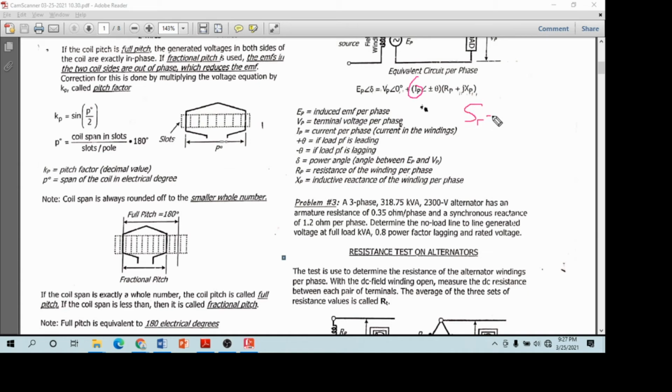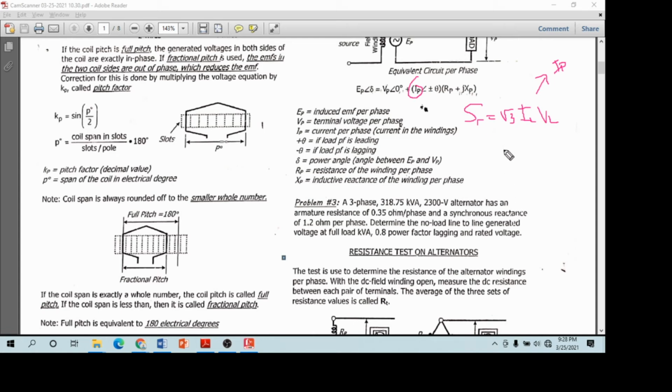The rated kVA is equal to square root of 3 times IL times VL. Since this problem doesn't state the connection, always assume that this is Y configuration, so therefore IL is equal to IP.